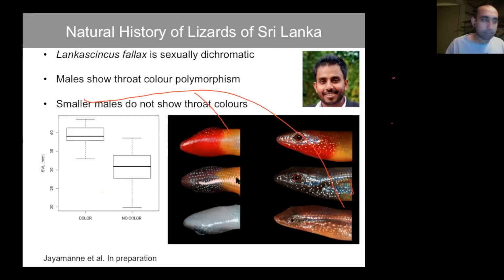So Ishara, what he initially did was he tested the DNA and he found out that, of course, they all belong to the same species. So then we conducted the other studies which confirmed that only the males developed the throat colors, and the males are polymorphic, and the entire species is sexually dimorphic with the coloration.